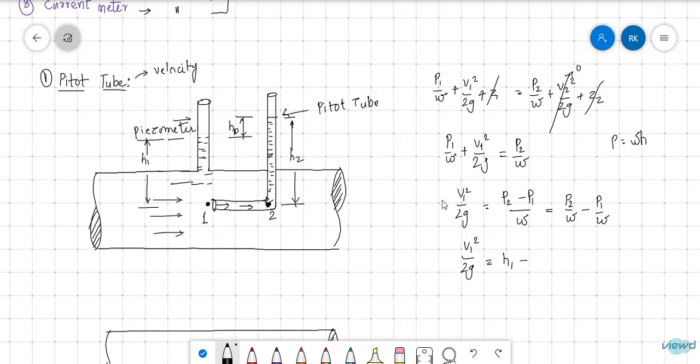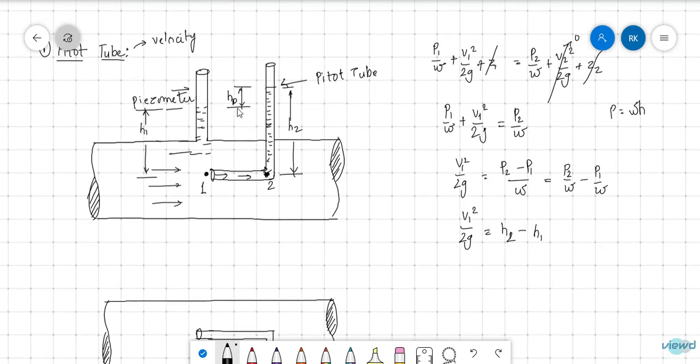So P2 by W is this H2, and P1 by W is H1. So H2 minus H1 gives us HD. So V1 square by 2G is equal to HD. V1 is equal to under root 2G HD. So this is the velocity at point 1.